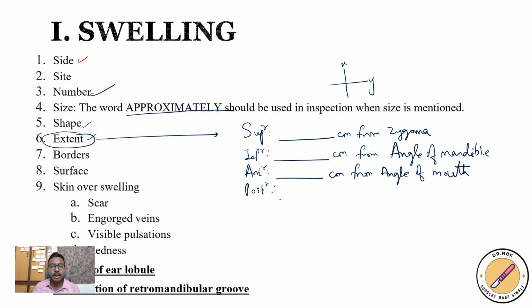Next is posteriorly, it again depends on the actual extent. You can take help of the ear lobule if it is a small swelling, or you can take help of the tip of the mastoid process. So posteriorly, you can take help of either the ear lobule or the tip of the mastoid process.